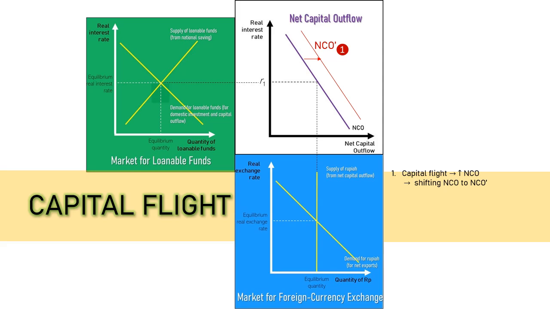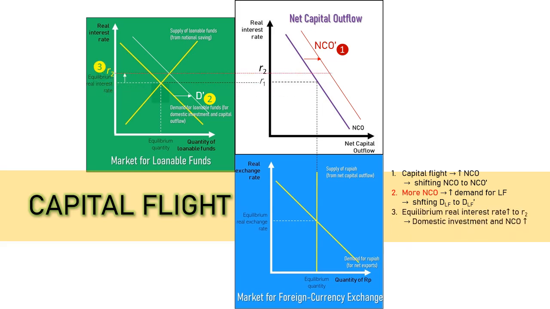And with more NCO, look at the green diagram now, there will be an increase in demand for loanable funds, shifting the demand to DLF prime. As a result, the equilibrium real interest rate increases to R2, which leads to an increase in domestic investment equilibrium and NCO.